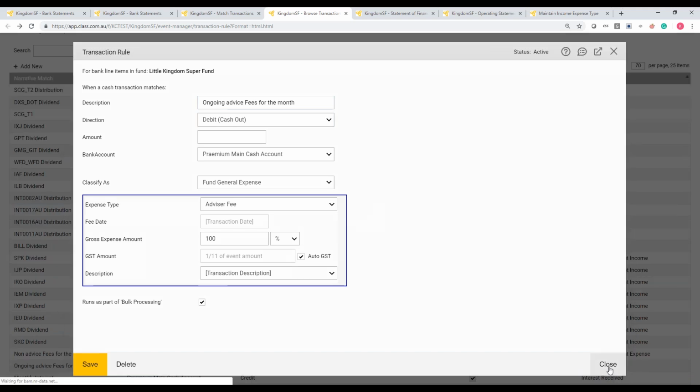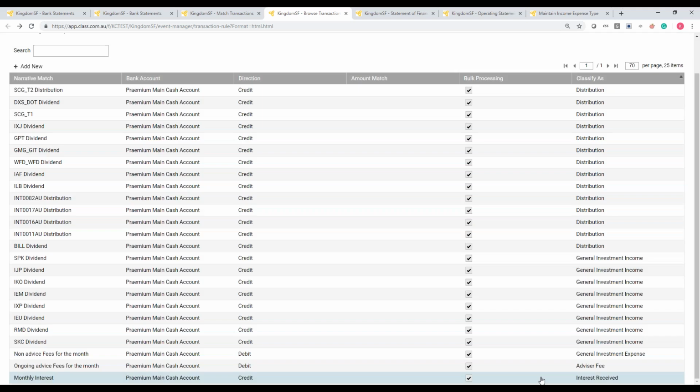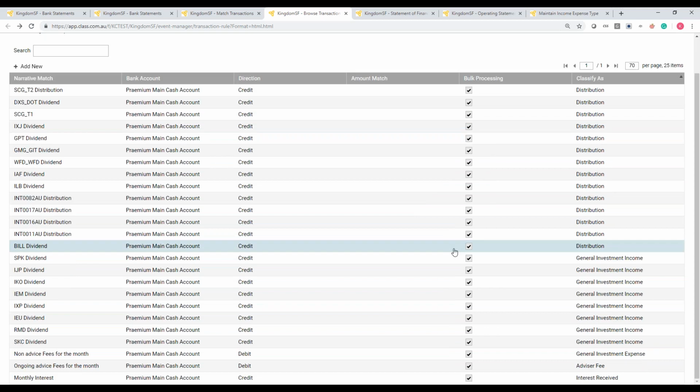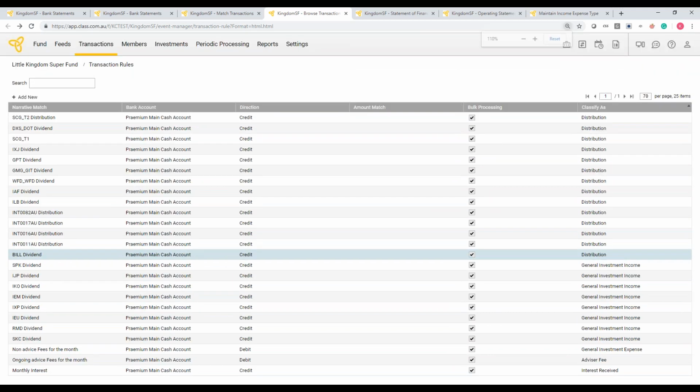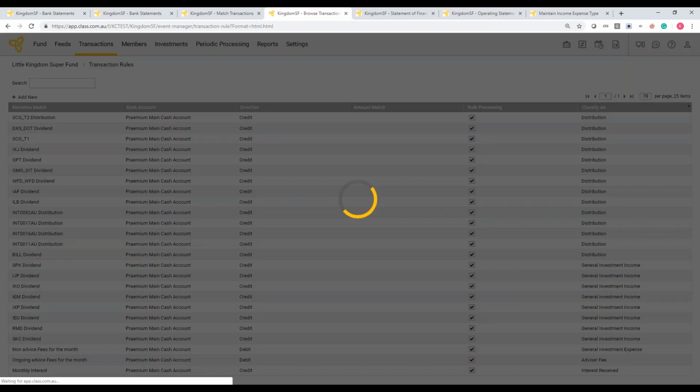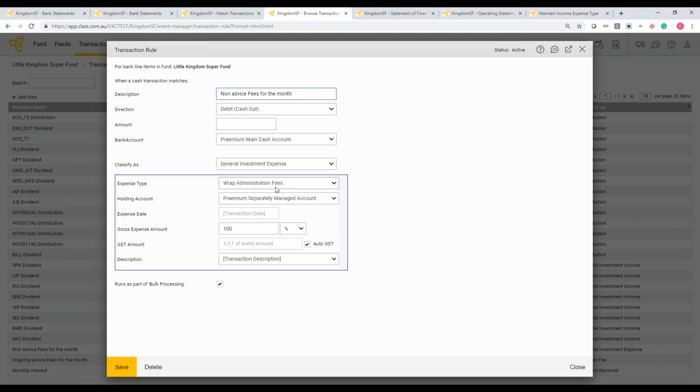And the other one will be the platform fees. That's the non-advisor fee for the month. And you can create that as a platform wrap administration fee. Again, you can track GST automatically.